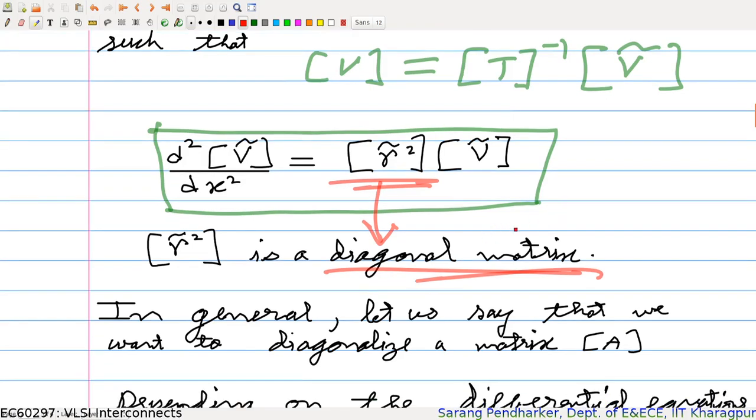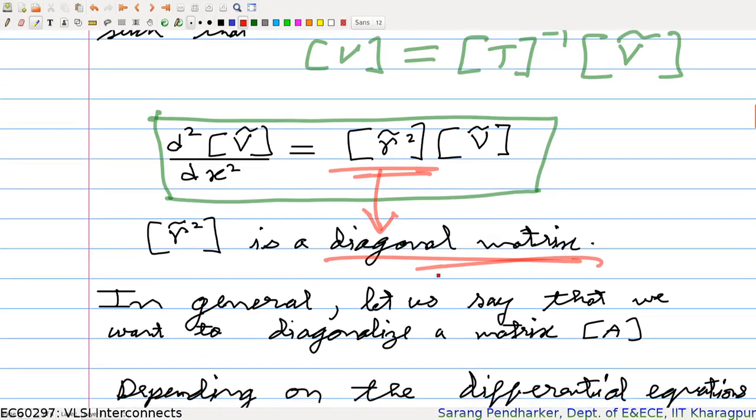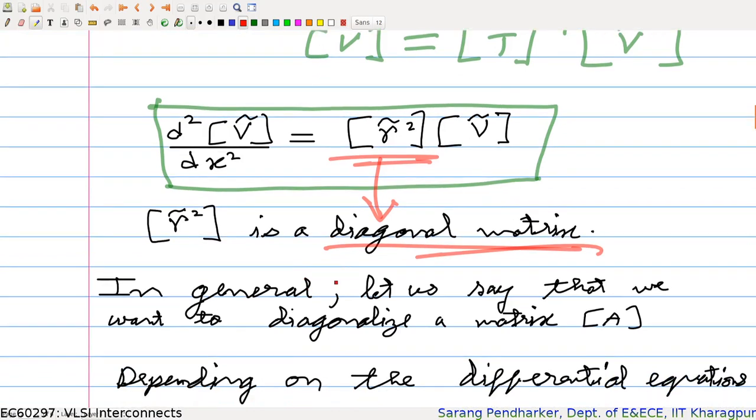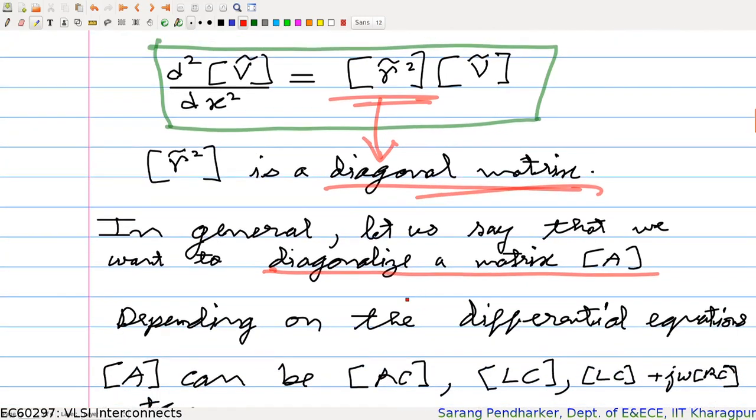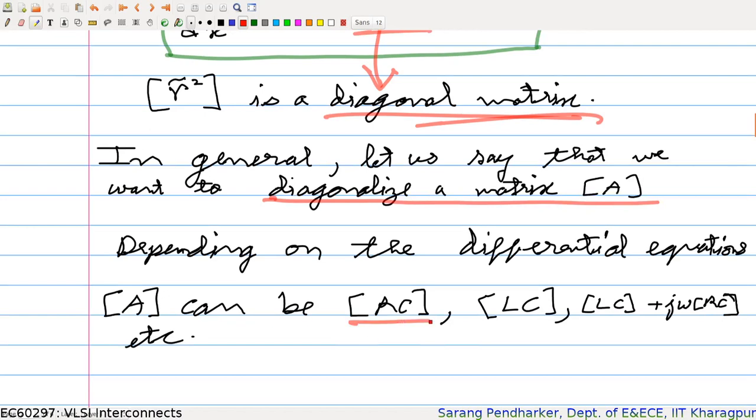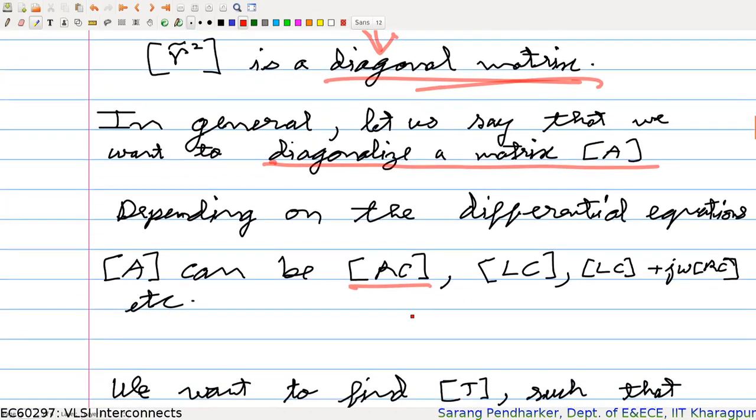So the question before us is that in general, if I have a matrix A and I want to diagonalize it, what should I do? Because depending on the differential equations, A can be RC if it is just an RC interconnect, or if the resistance is near zero and inductive effect dominates, I can write it as LC, or I can have something like this where it is gamma square.